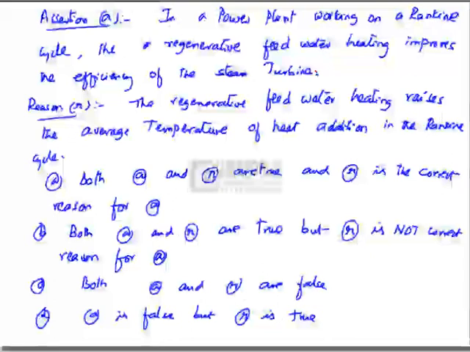So, as the temperature of the feed water entering the boiler for heat supply is increasing, the mean temperature of heat addition in the cycle also would increase. Therefore, both A and R are true, and R is the correct reason for A. The answer is option A.